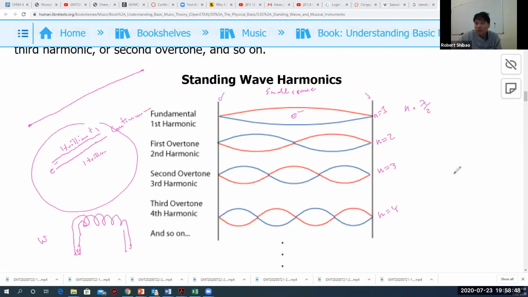But when we put it into an atom of hydrogen, this would be the H atom, then all of a sudden we have a three-dimensional situation where we have the nucleus here and the electron has to have the right number of half wavelengths to fit around here. If it has too many or too few, we get something called destructive interference. That is, if the waves don't match, then they cancel each other out.